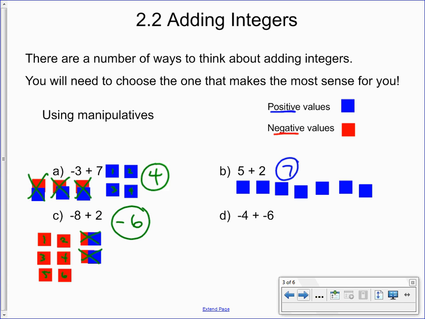Lastly, negative 4 plus negative 6, I have 4 negatives. And I have added to that 6 more negatives.